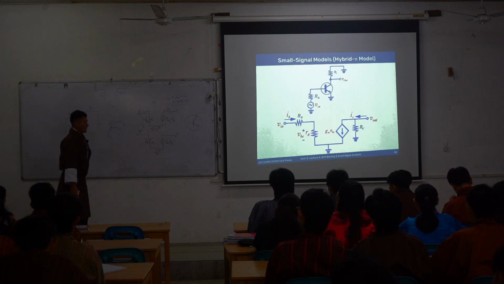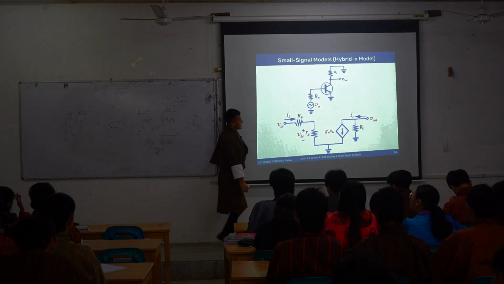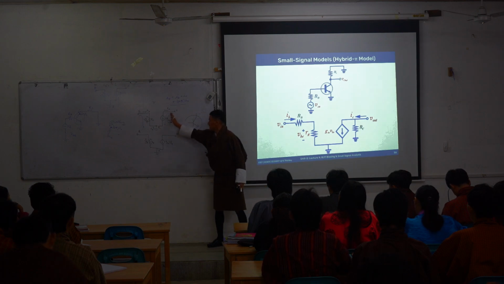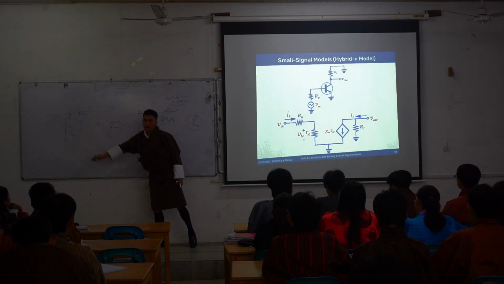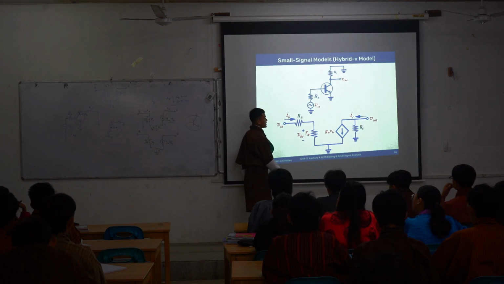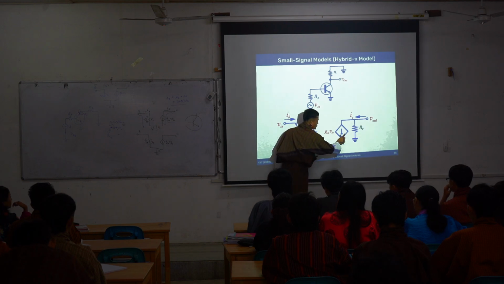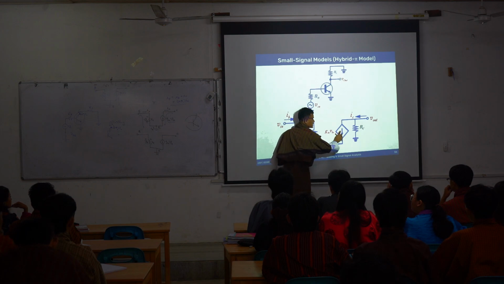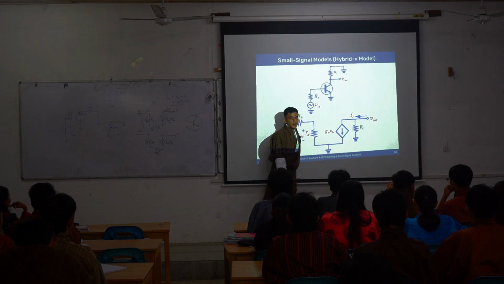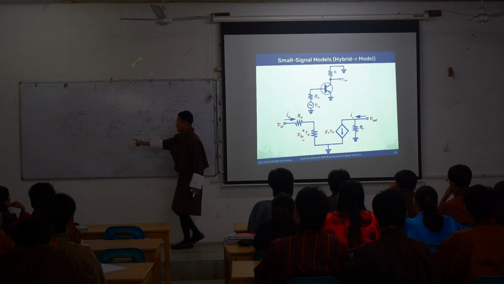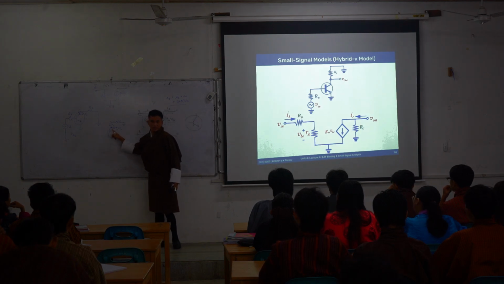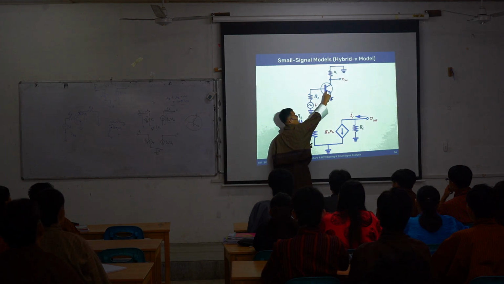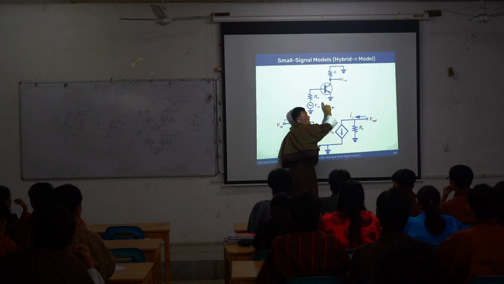That's why if I want to represent RC, your RC should now be parallel to this gm, this current source. This current source and this RC should be parallel. Why? Because of this condition, we are taking output at this point.